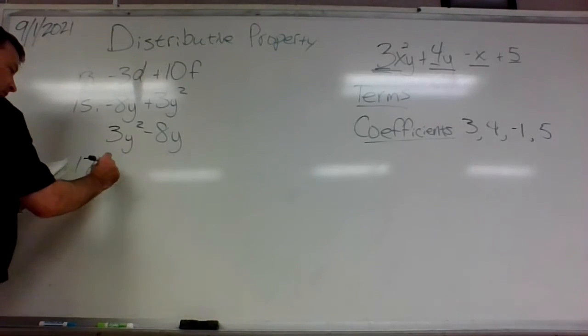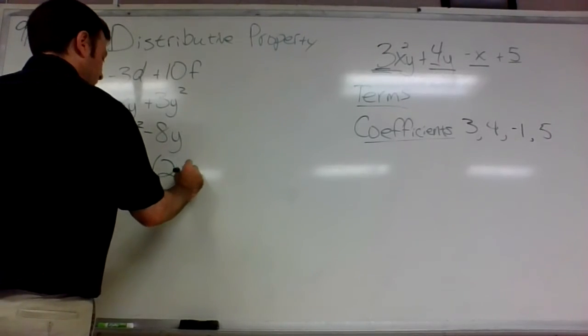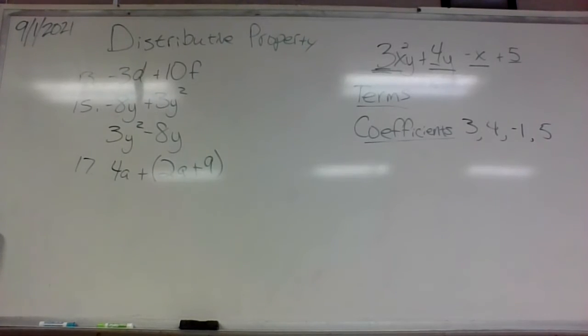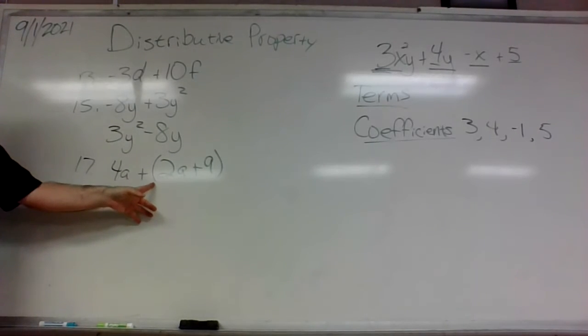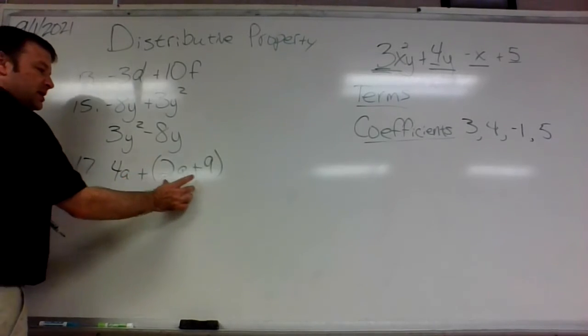4a, I'm writing this one down: 4a plus, parentheses, 2a plus 9. I didn't do an example like this, because there's no number in front of these parentheses. What it means is we're not just adding 2a, we're adding the entire parentheses.